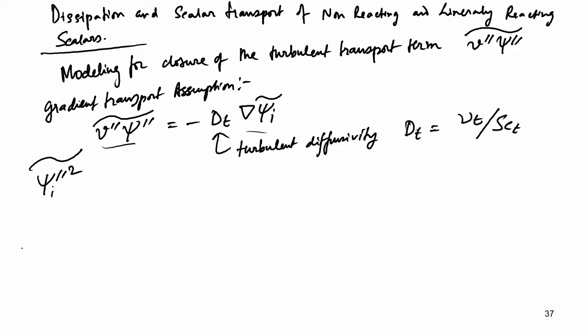Turbulent kinetic energy is the variance of the velocity fluctuations u_i. So, k is essentially this, and for k tilde it was like this. Here it is essentially xi_i prime.